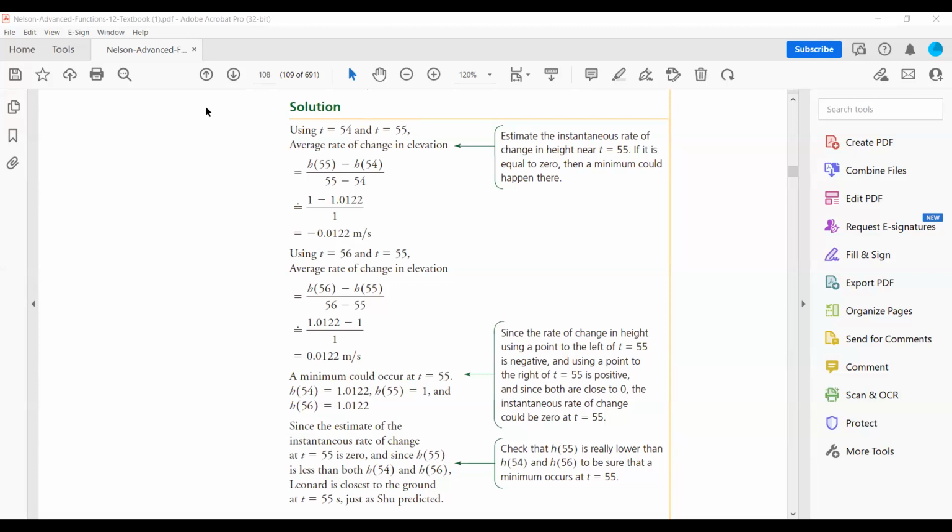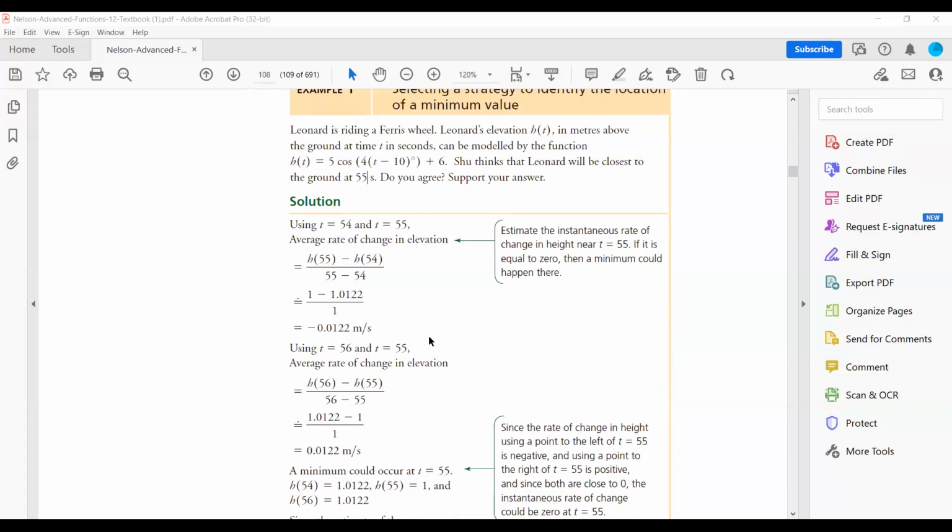So how are you doing, guys? Please note down this is a cosine function. We'll move on in a second.